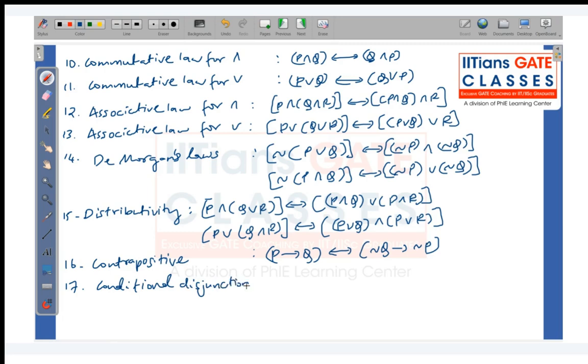Just a fancy name for something we have already seen. P implies Q and negation P or Q, both of these are equivalent.